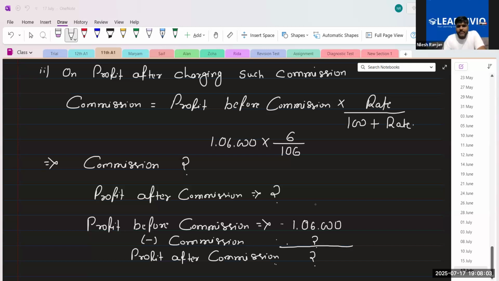So one of the methods is this: 1,06,000 into 6 divided by 106. It will be 6,000.